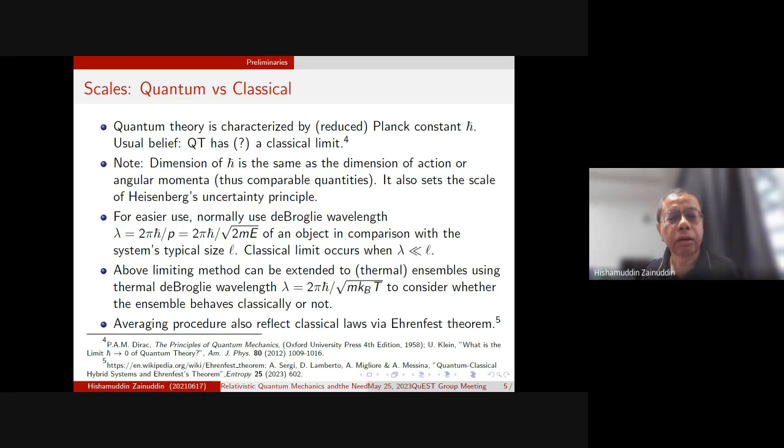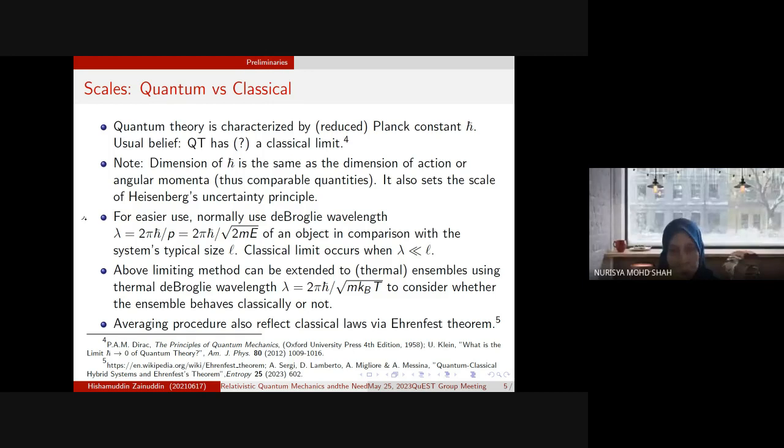Or you can consider, say, the particle is going through certain interaction with some diffraction grating, for example. Then you will look at the size of the intervals of the diffraction grating, whether it's considered very large or not.